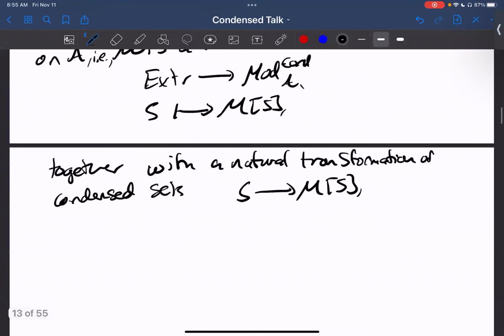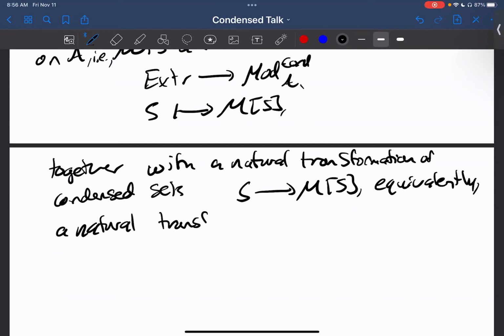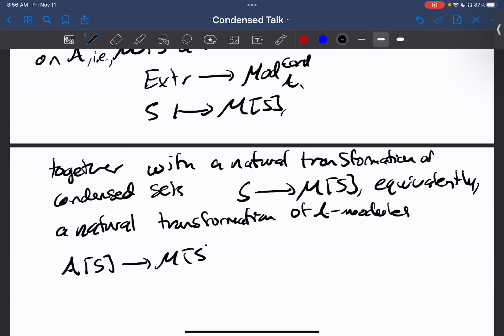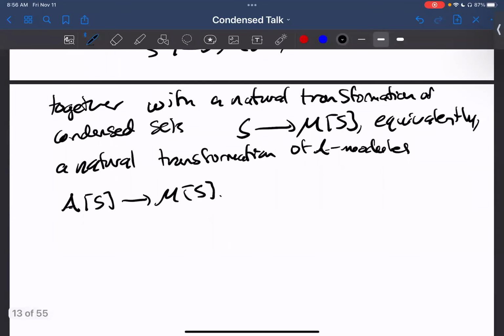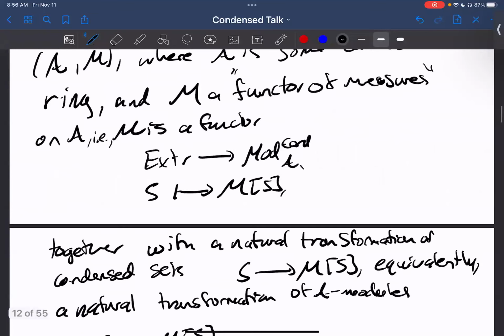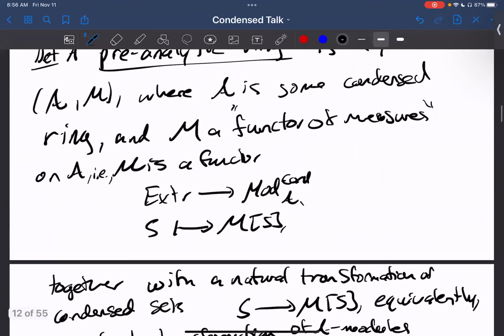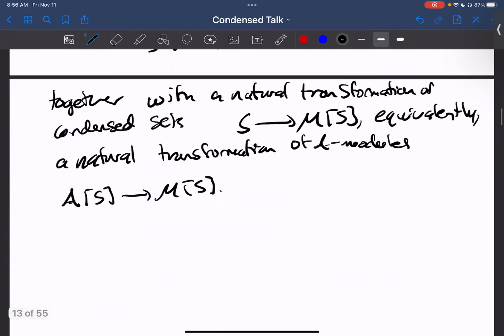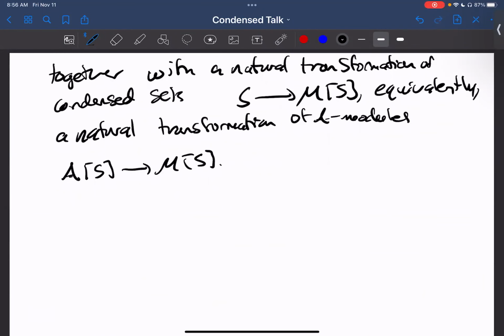So we have this natural transformation here, and equivalently, a natural transformation of A modules from the free condensed A module on S to M of S. All right. So this is going to give us some notion of some ring together with some nice measures on it.